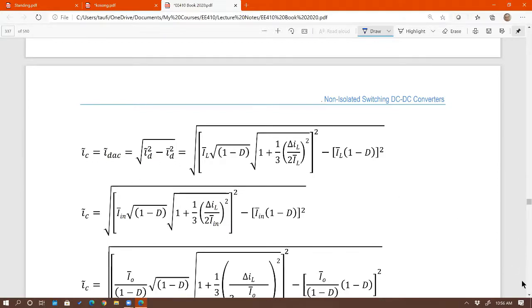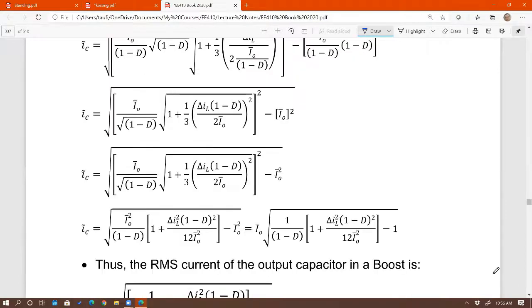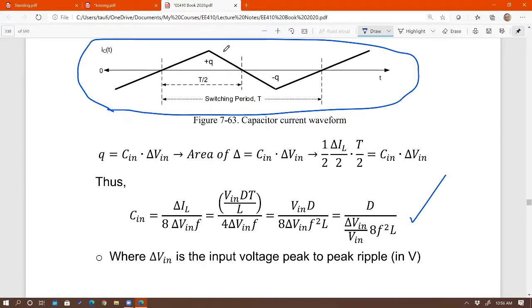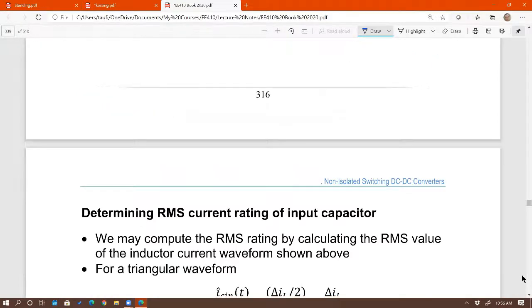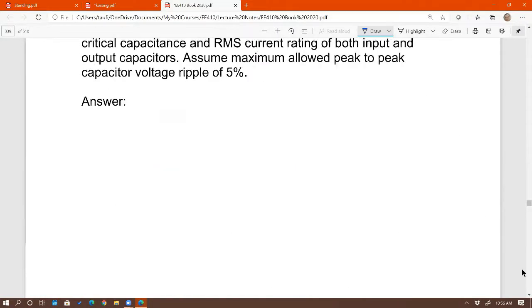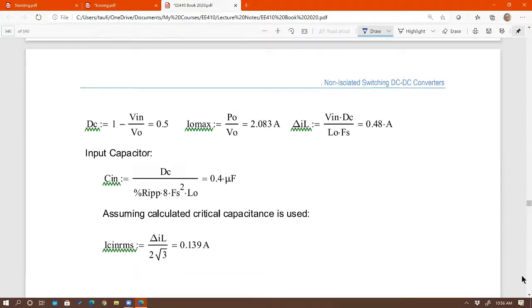And you can see that we have a long equation right there at the end that you can actually apply, put into your design equation sheet to find the RMS value through the cap. For the input, it is easy because that's a triangular waveform. As you know, the RMS of a triangular waveform is peak divided by √3. So that's much easier to find. Right there, you can see peak divided by √3. Okay. All right. Any questions?